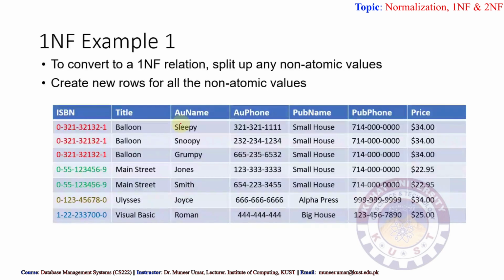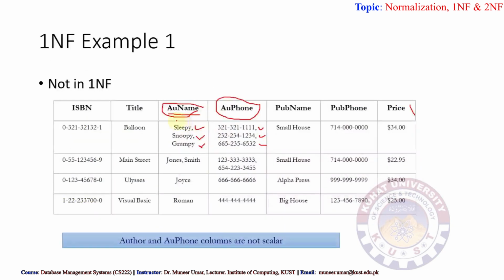Simply we need to split the non-atomic values. Like here we have 3 values, so what will we do? We will generate 2 new rows for the rest of the 2 values. The first value will keep the same row and 2 new rows will be used for the second and third value, and the rest of the items will be repeated.